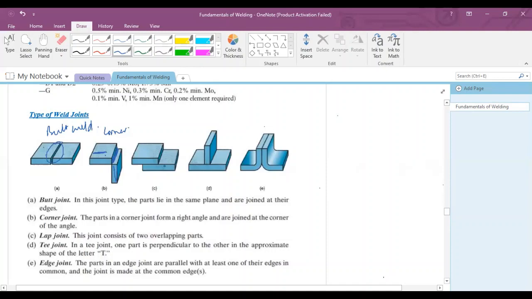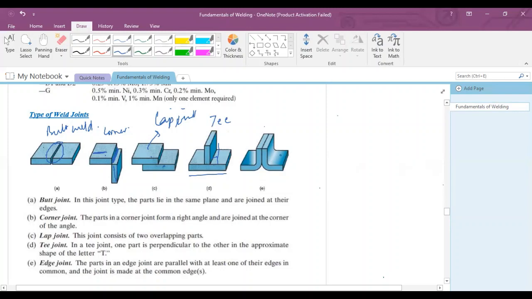If two parts lie in the horizontal plane but overlap each other, this is called a lap joint. And if you have one part in the horizontal plane and another in the vertical plane, at a right angle to the horizontal part, it is called a T joint.